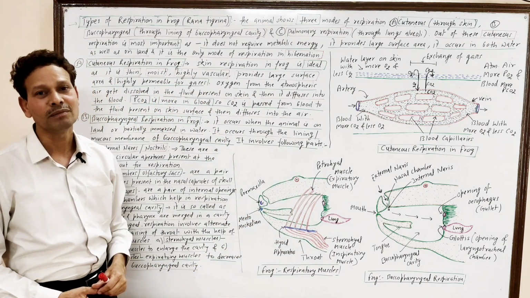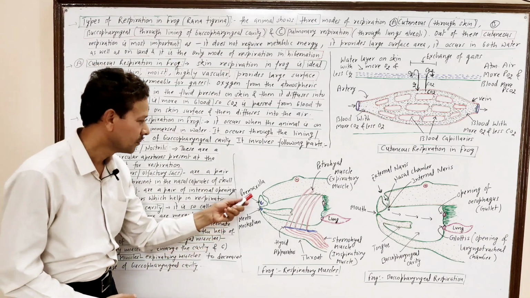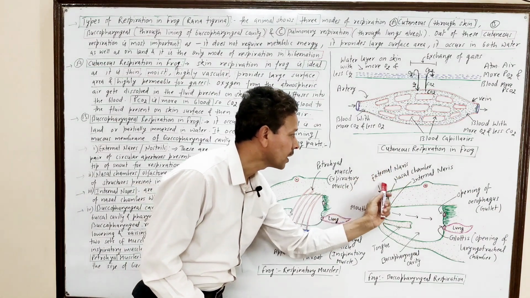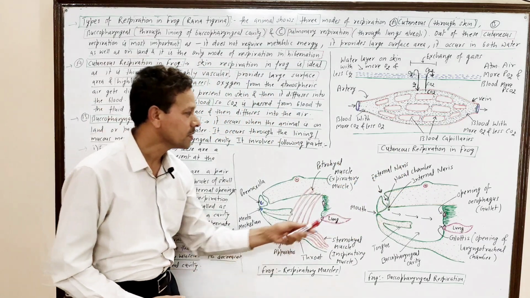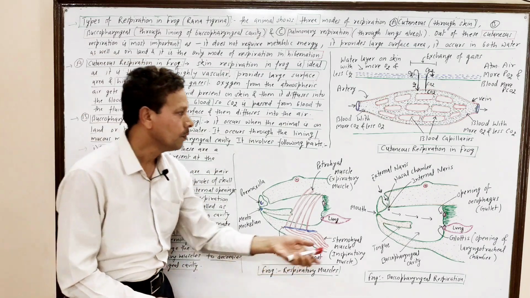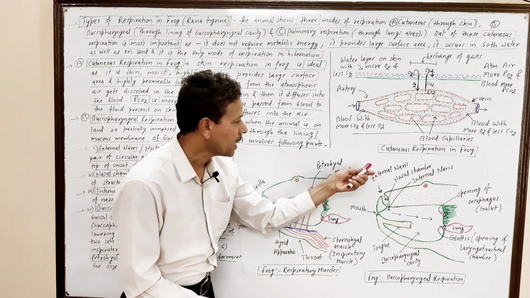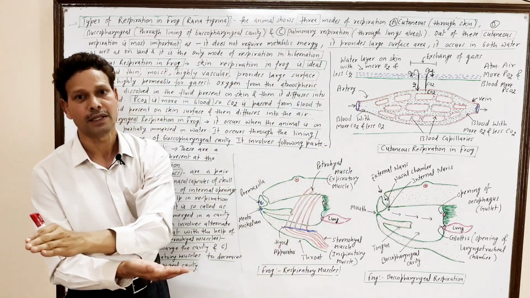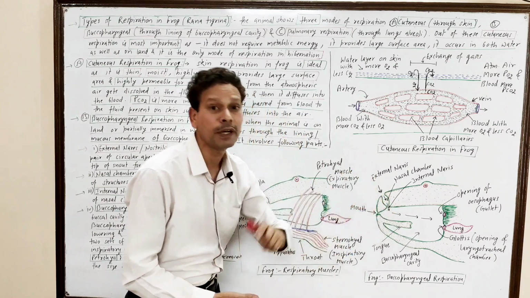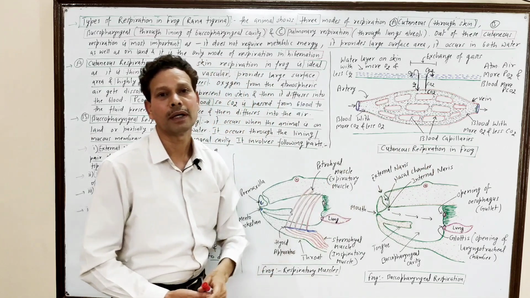In this buccopharyngeal respiration, the following parts are involved. This one is a pair of external nares, or nostrils, which are present on the snout region. Through these external nares, air enters. And dear student, the second part of buccopharyngeal respiration is the nasal chamber.